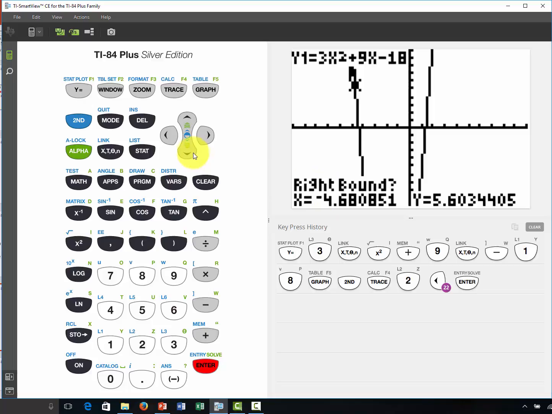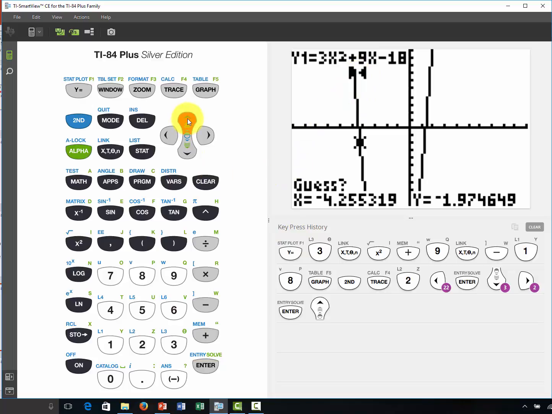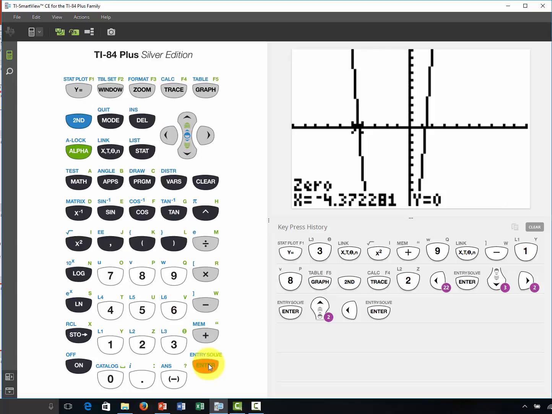Now it wants a right bound, so I'll go to the right of the x-intercept, and again I get to see the little triangles. Now it wants a guess. I'm going to pick here, and it's returning a 0 of -4.37 rounded off.